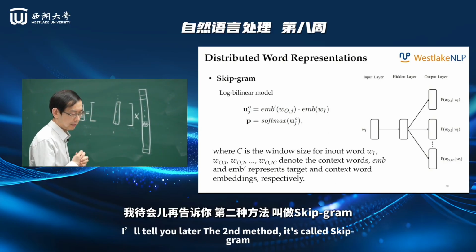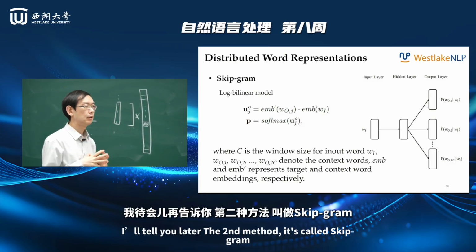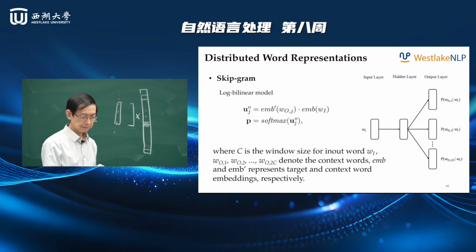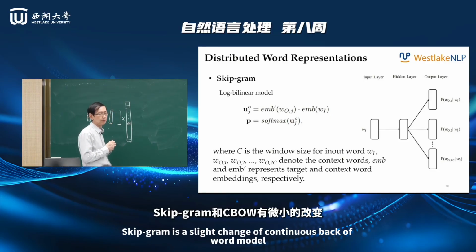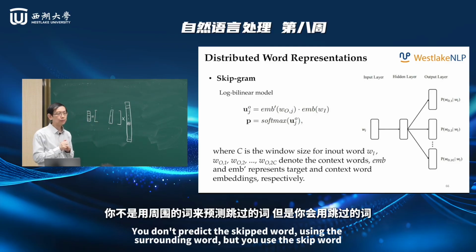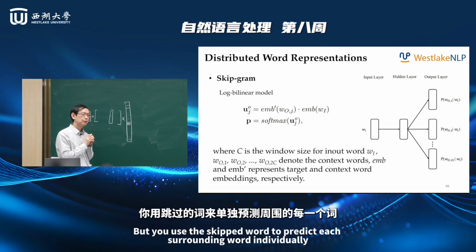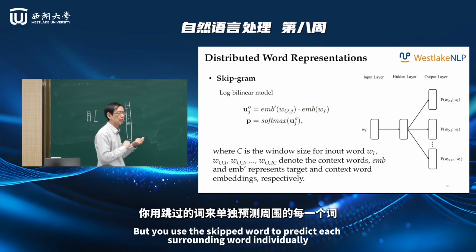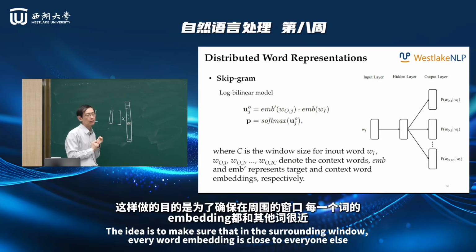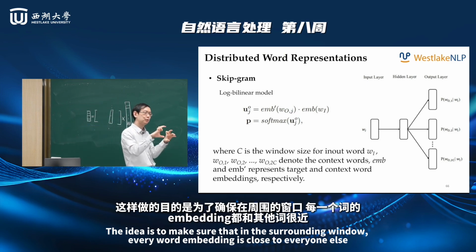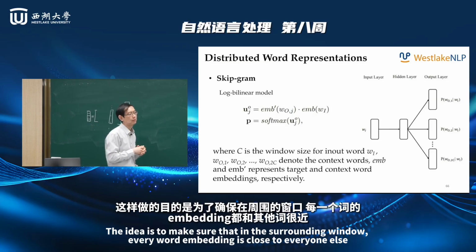The second method is called skipgram. Skipgram is a slight change of the continuous bag of words model. You don't predict the skipped word using the surrounding words, but you use the skipped word to predict each surrounding word individually. The idea is to make sure that in a surrounding window, every word embedding is close to every other.